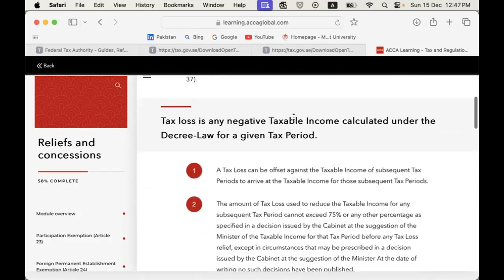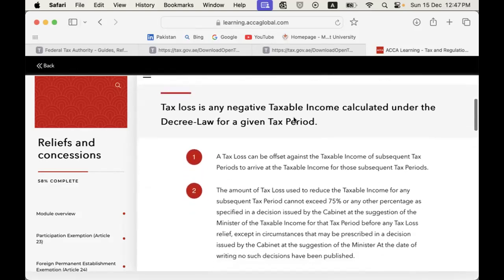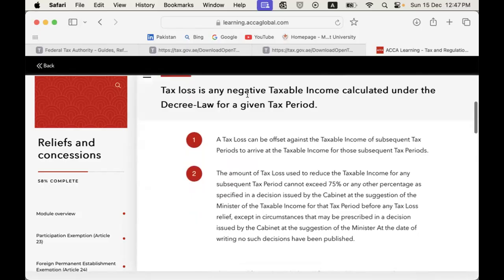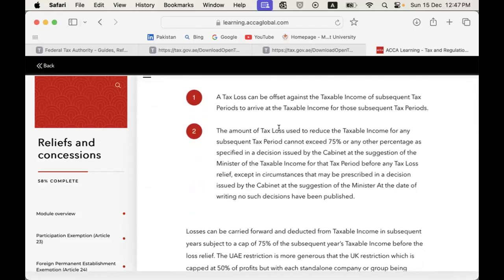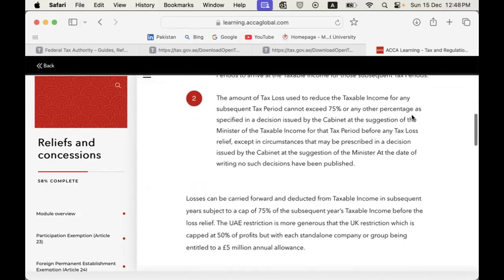Let us have a look at Article 37. Tax loss is any negative taxable income calculated under the decree law for a given tax period. So basically, excess of expenditure over income. A tax loss can be offset against the taxable income of subsequent tax periods to arrive at the taxable income for those subsequent tax periods.